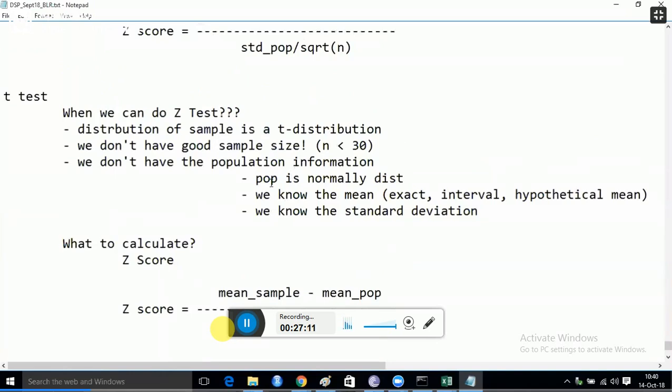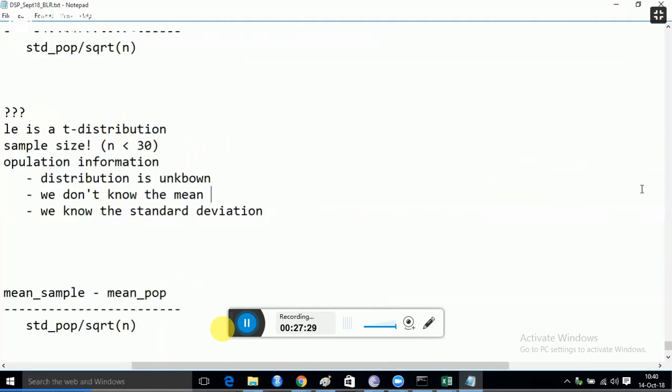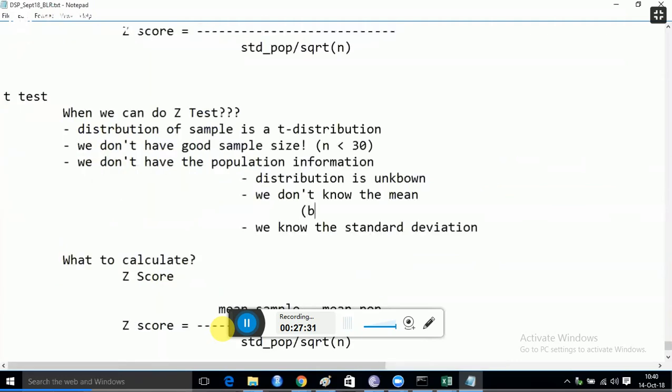Now, we don't have the population information. We don't know the distribution. The distribution is unknown. We don't know the mean, but we assume some value to be the population mean in some cases, and we check if our actual population mean is equal to our assumed population mean or not.